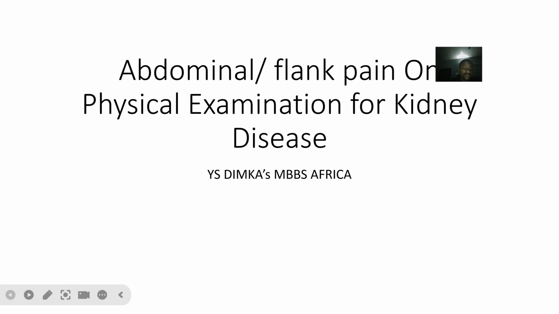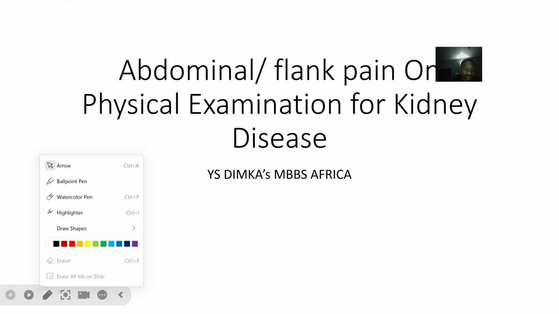Now, for a patient having kidney disease, it's very nice that you always try to examine the size of the flanks, around the hips coming up to the stomach level.